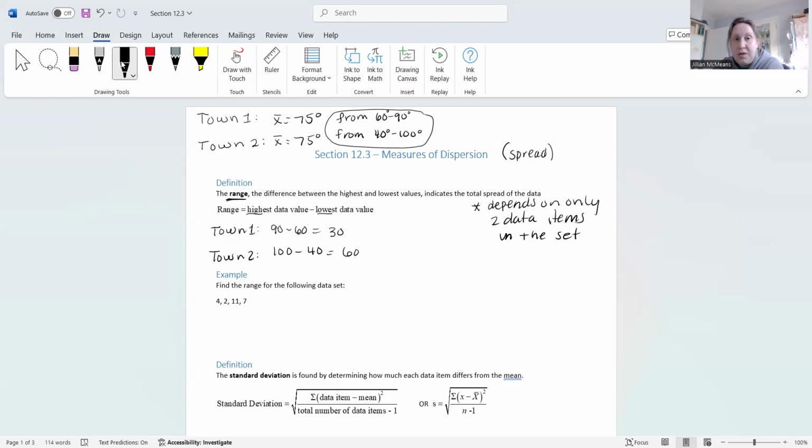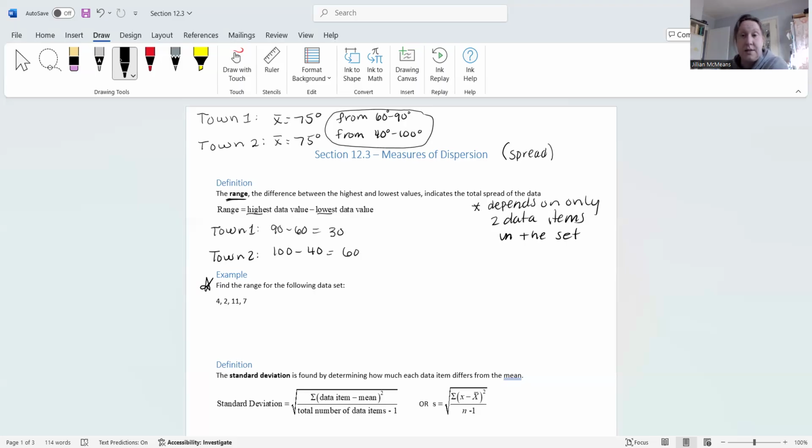So when you're dealing with a situation like this, if you're only looking at two data items, it's a rough measure. It's something quick that we can look at, but it doesn't necessarily tell the whole story because, again, we're only looking at two data items. Okay, so for example, here we have the numbers 4, 2, 11, and 7. All right, so if we wanted to find the range, we don't even really have to do any work.